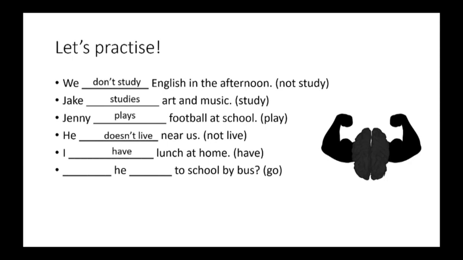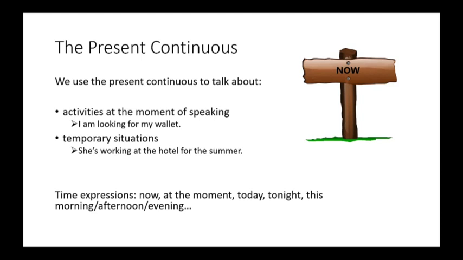Okay, if it's he, then it's third person singular, and that's it. We know that we need does. Does he go to school by bus? Easy, right? Okay, now we're done with present simple, and let's try to talk about the present continuous.